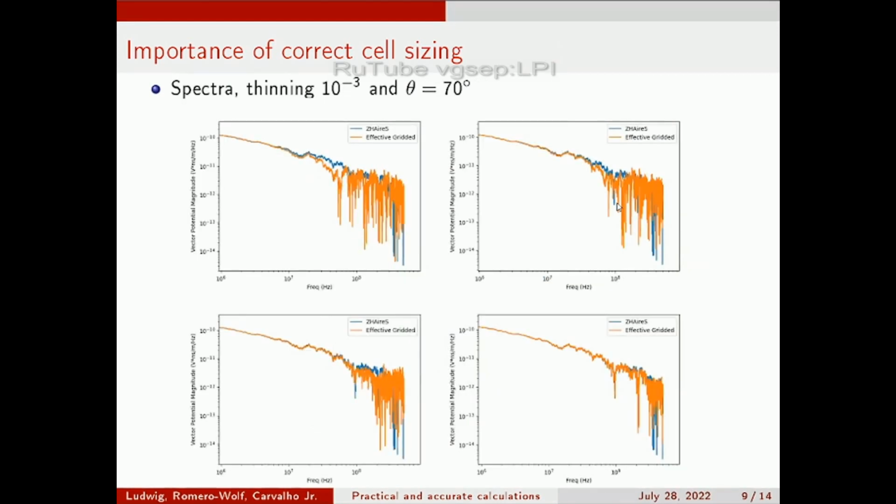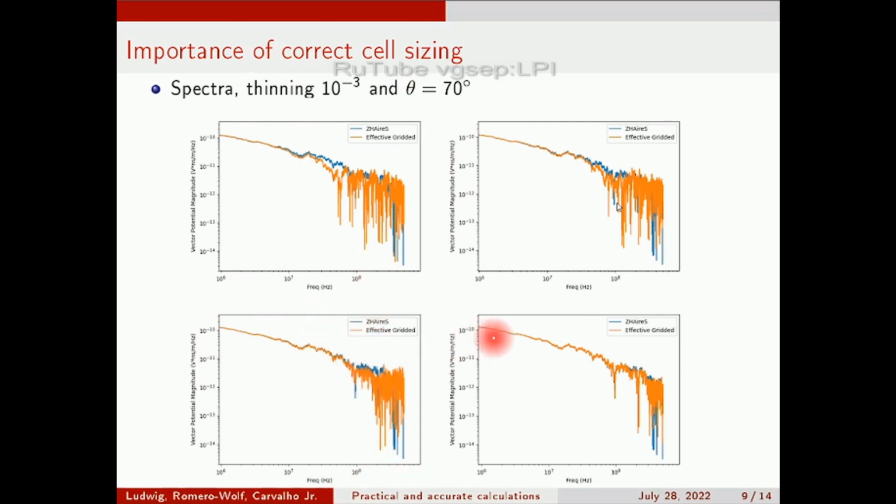Here's the same thing, but with the spectrum. If I have a huge cell size, then I get away from the ZHAireS results even before I reach the beginning of my bandwidth. And as I go to smaller and smaller cells, then I can go further and further. Here would be enough for a regular simulation.